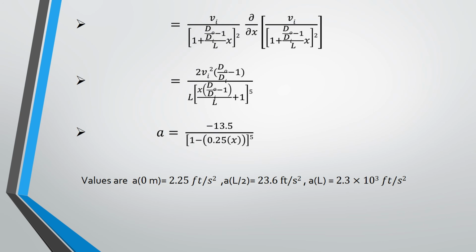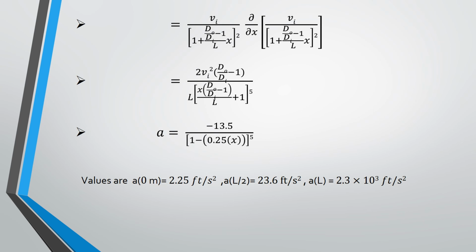By solving this equation, we get 2 Vi square into do by di minus 1 by L into x into do by di minus 1 by L into x plus 1 whole power 5. By keeping the values of do, di and L in the above equation, we get a equals minus 13.5 by 1 plus 0.25 into x whole power 5.